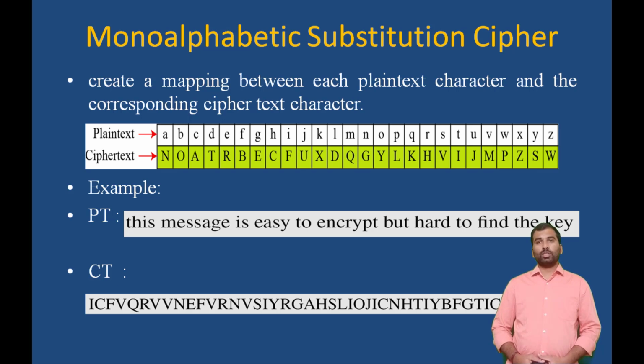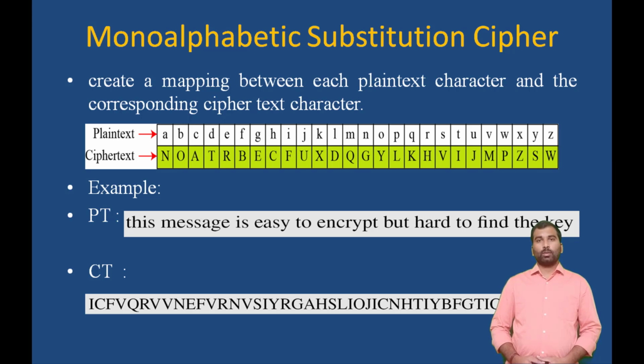In simple words, if the alphabet P in the plain text is replaced by the cipher alphabet D, then wherever the alphabet P is used in the entire plain text, it will be replaced by the alphabet D to form the ciphertext. You can see the example here. The plain text is, this message is easy to encrypt but hard to find the key. So this will be converted to ciphertext by using the above diagram.